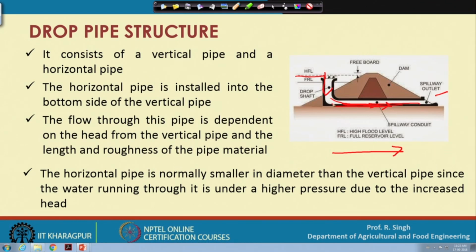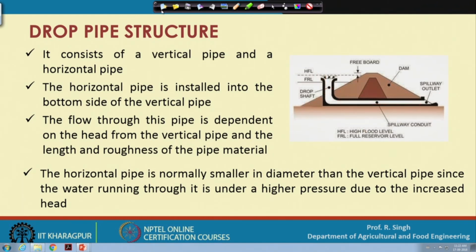As you can see from the figure, the flow through this pipe is dependent on the head from the vertical pipe and the length and the roughness of the pipe material. Now, this horizontal pipe is in general smaller in diameter than the vertical pipe.